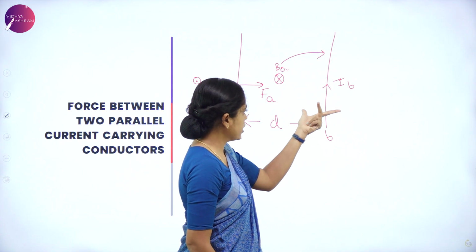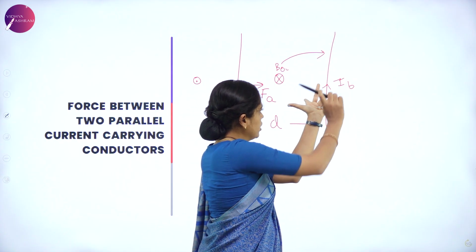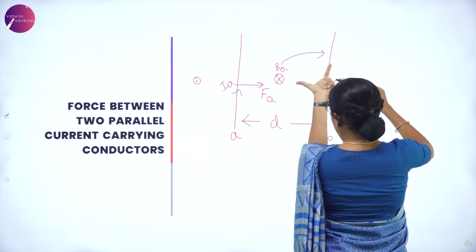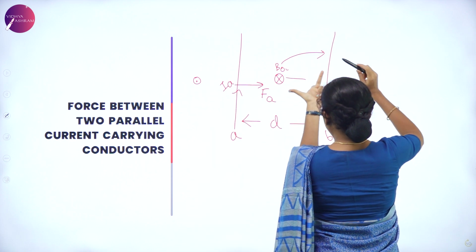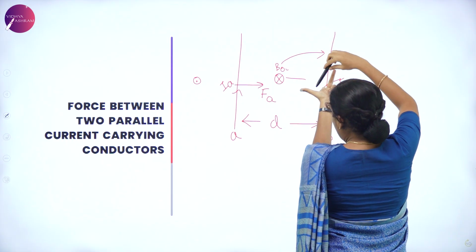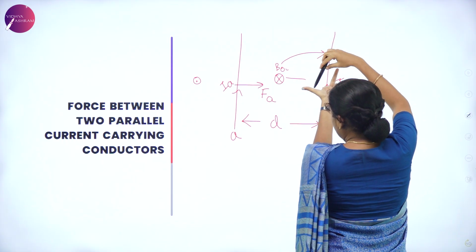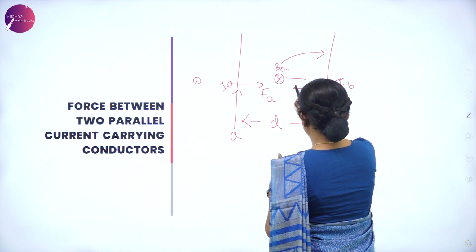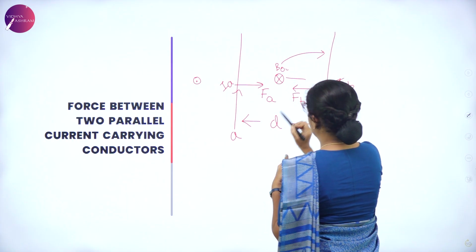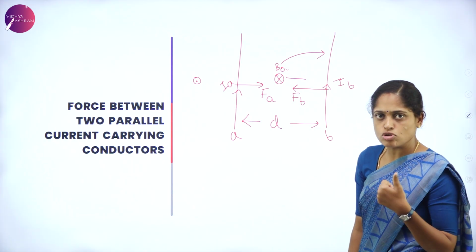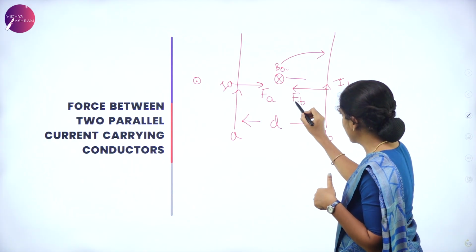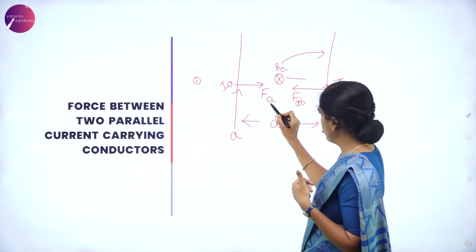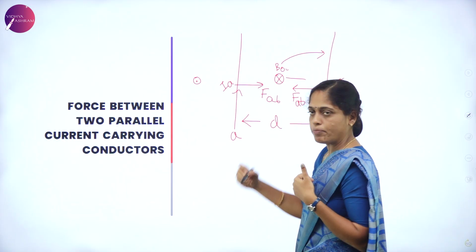With the current, the middle finger, and the magnetic field into the plane of paper, the thumb gives the direction of the force acting on this wire B. Why is the force on wire B? Due to the magnetic field of wire A. And why on A? Because of B.